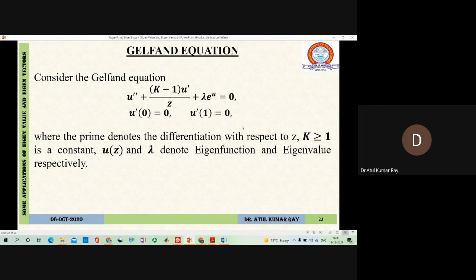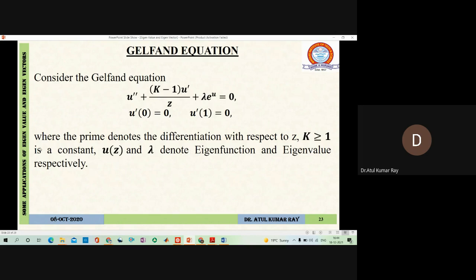Here you see lambda is nothing but the eigenvalue, and the u that I will get here will be the eigenfunction. It is not a simple eigenvalue problem. One point to make: all eigenfunctions are eigenvectors, but not all eigenvectors are eigenfunctions.